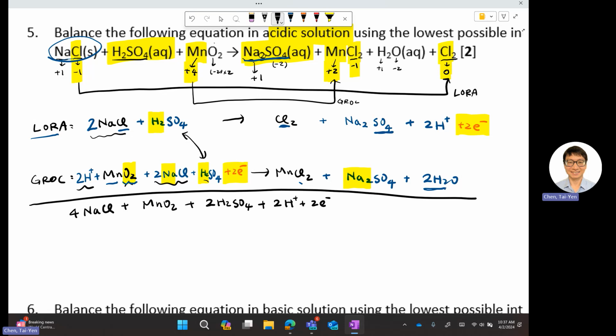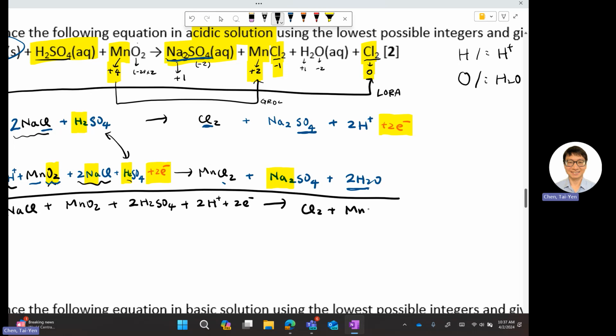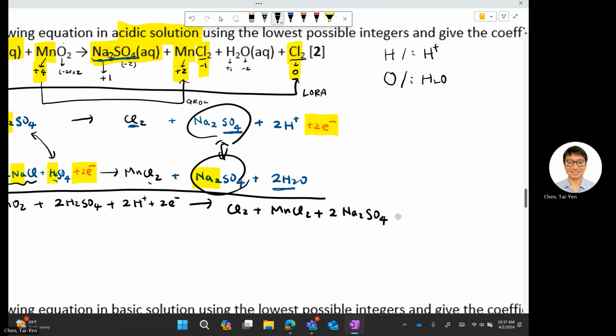Those are all the species you have for your reactant. For the product, you have Cl2 plus MnCl2 plus 2 Na2SO4 plus 2H plus 2 electrons plus 2H2O.